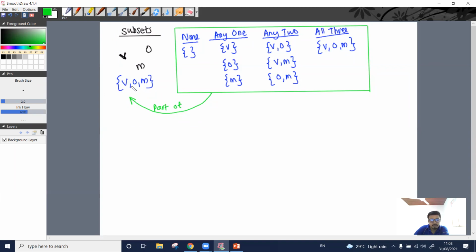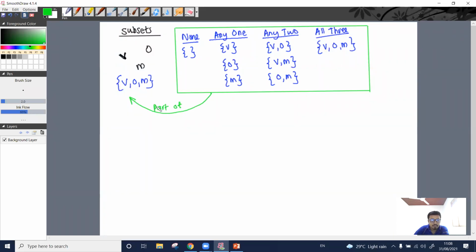Nothing is a part of this whole set. This one is a part of this. This one is also a part of this. Mango only is a part of this. Vanilla and orange is a part of this. Vanilla and mango is a part of this. Orange and mango is a part of this. Vanilla, orange, and mango, all three, is again a part of this.